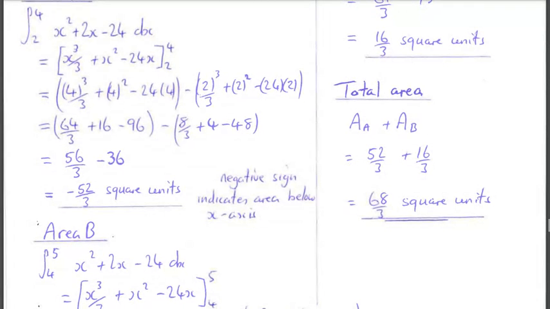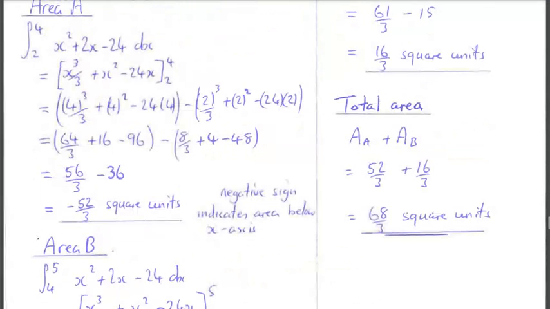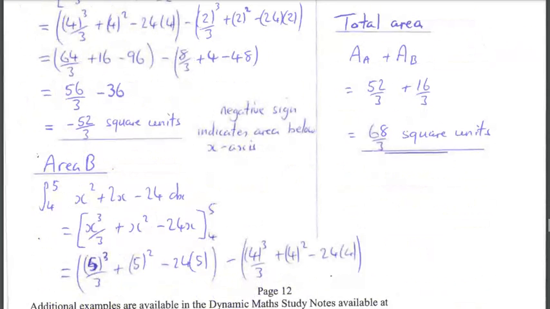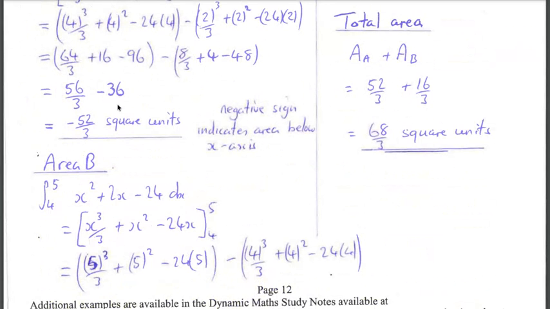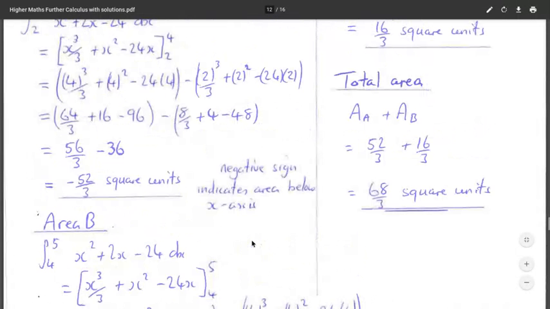And then do the same between the limits of 4 and 5 to work out the area above the x-axis, which will be 16/3 square units. Again, guys, just doing exactly the same thing. Integrate it, so you should get the same thing as you got in finding area A. Substitute in 5, substitute in 4.